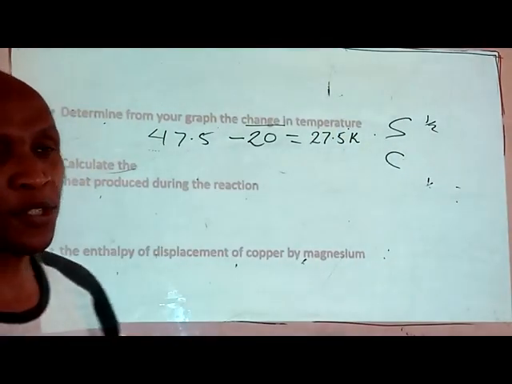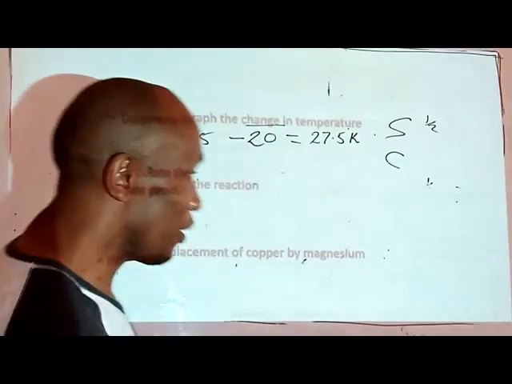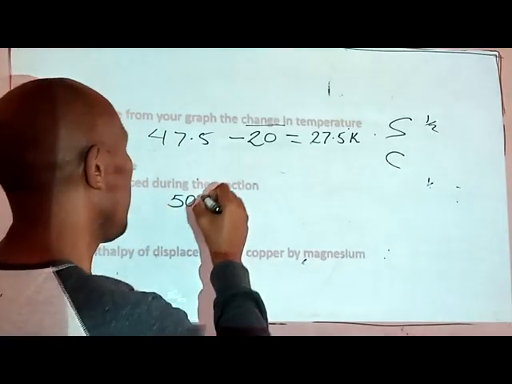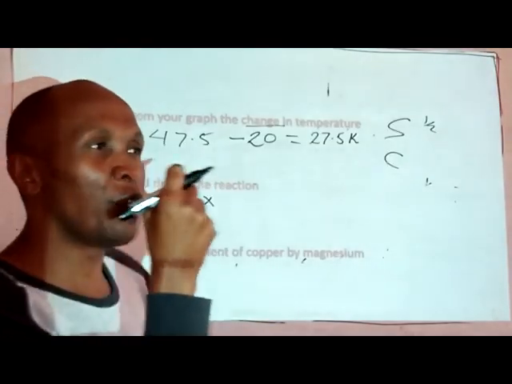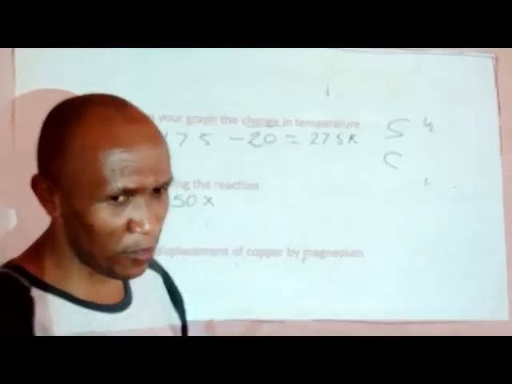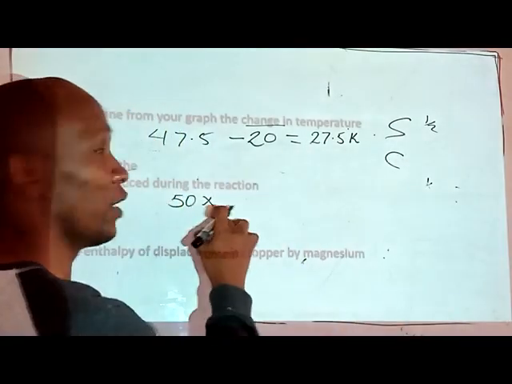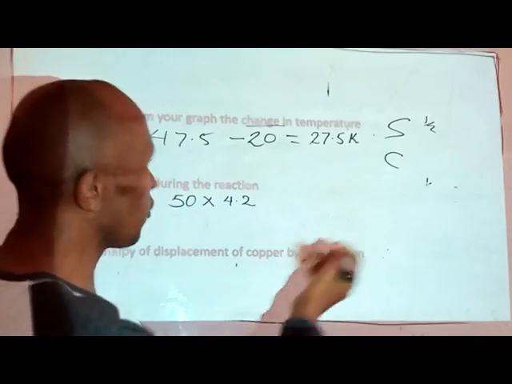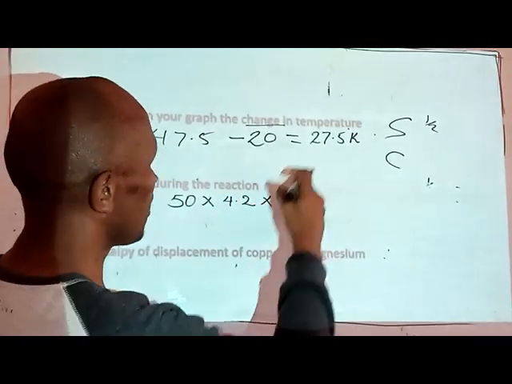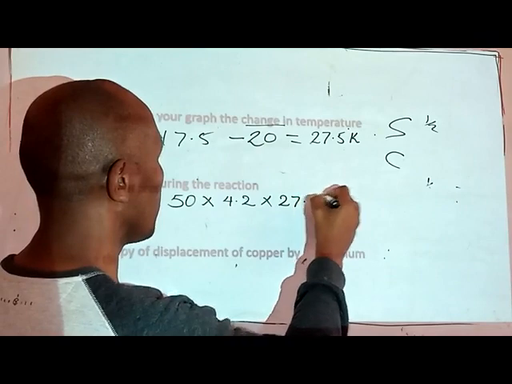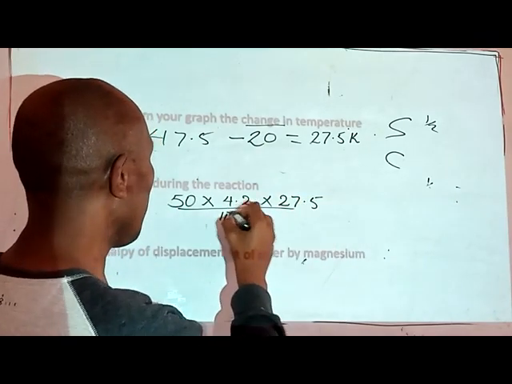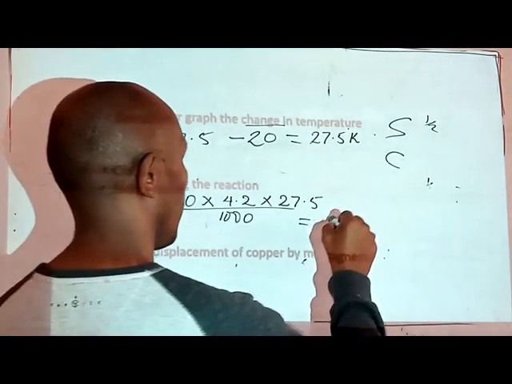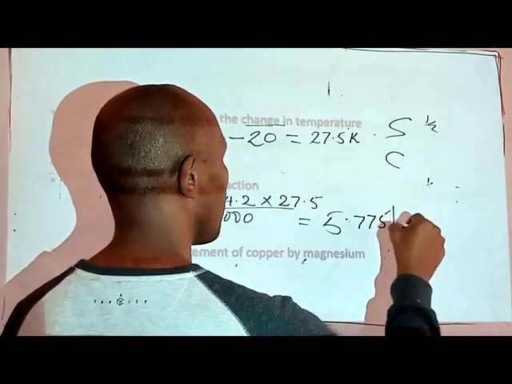How much heat is produced during that reaction? Remember, I used 50 grams of the copper 2 sulfate. I just said ignore any sorry. So that is times 4.2 or 4.17. I should have been given that, it should always be given. So I can even divide that by 1,000 at the onset. 5.775 kilojoules.